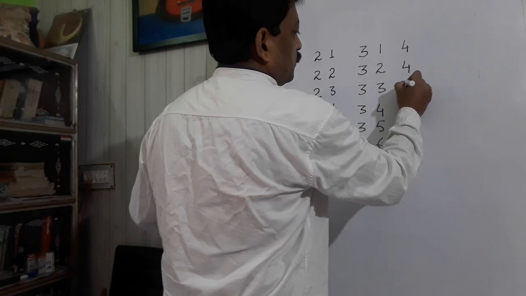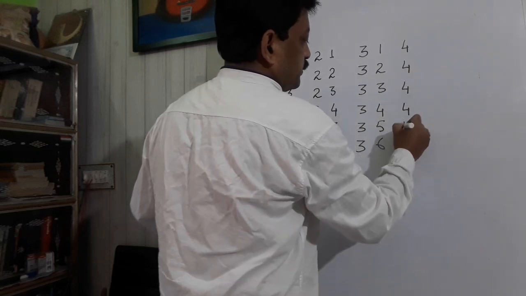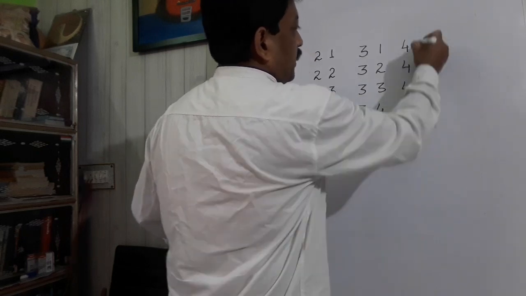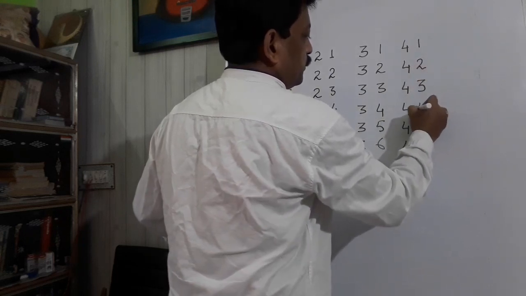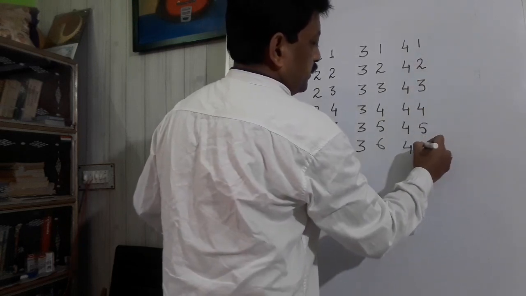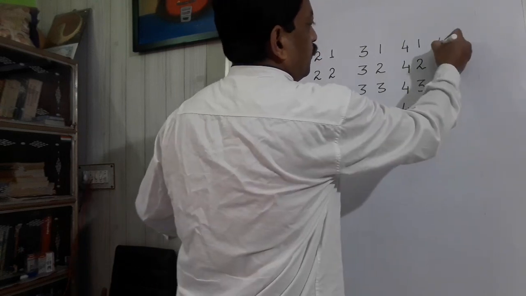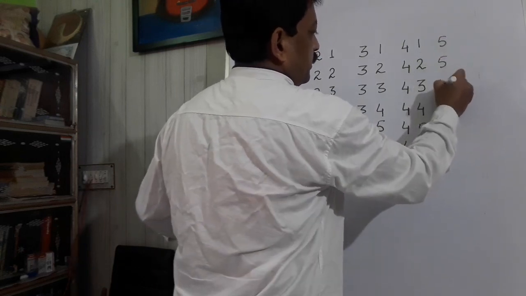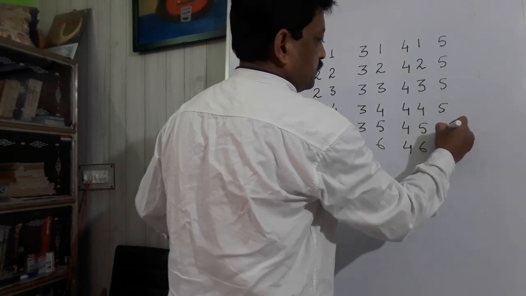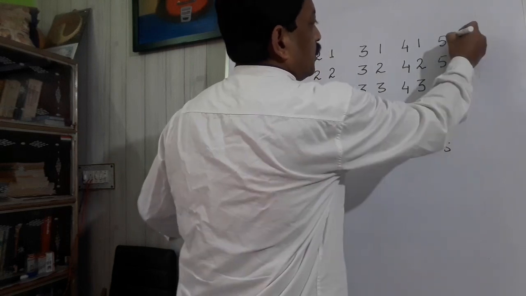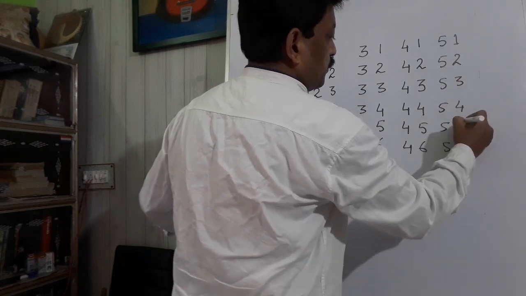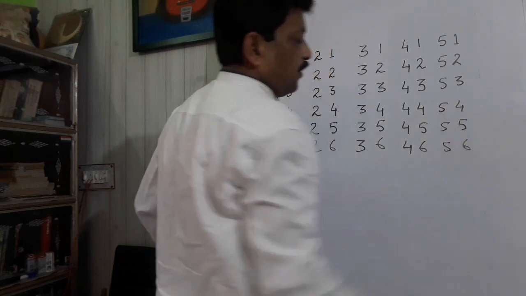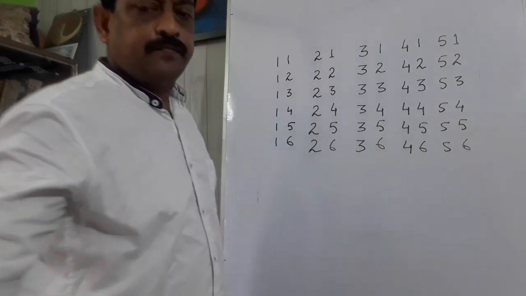Similarly, 4 on the top face of the first die, and on the second die it can be anything, 1 to 6. 5 on the first die in all the 6 cases, and 1 to 6 on the second die.